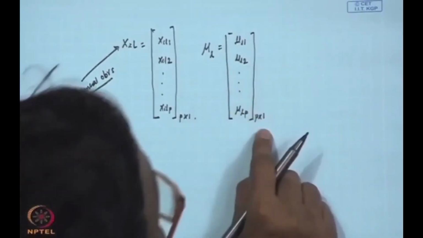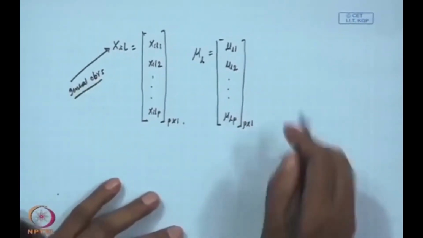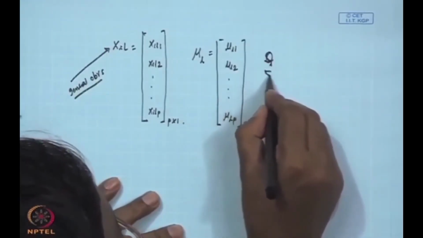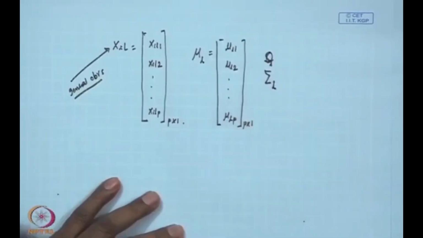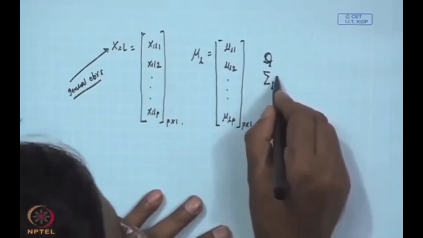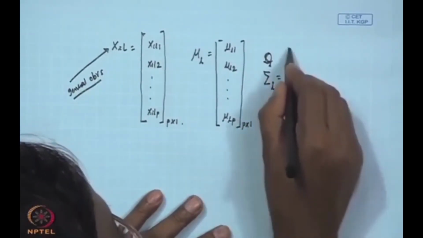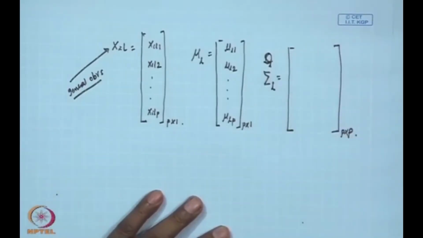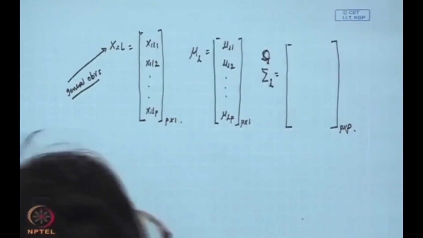And as there are p variables, again there will be one covariance matrix. If I write it like this, sigma L, instead of S, we will be writing S when we take the sample. This will also be a p cross p matrix, since p variables are there.